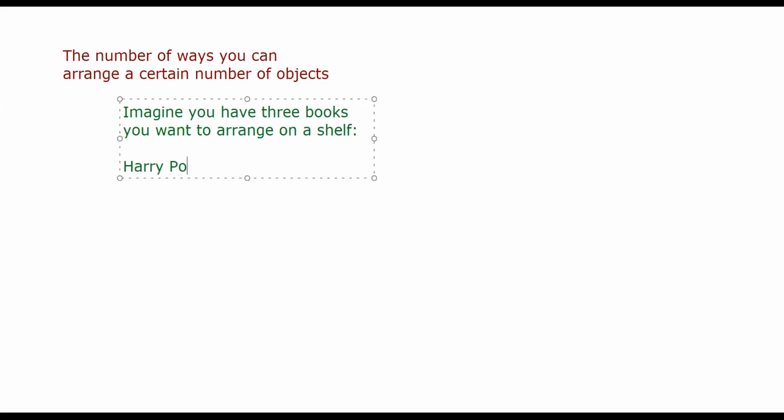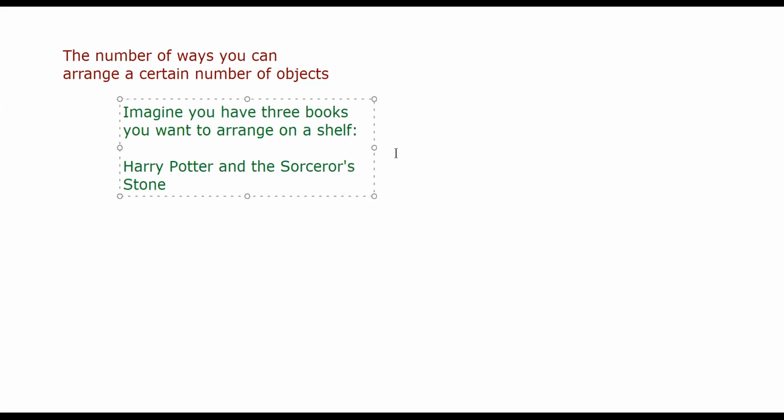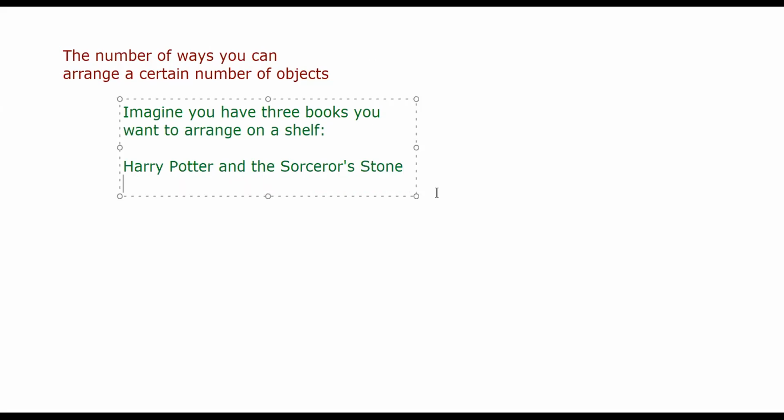You have Harry Potter and the Sorcerer's Stone, which was called the Philosopher's Stone in England, which is actually what it should be called, because a Philosopher's Stone is based on actual old school fantasy alchemy. Anyways, you have Harry Potter and the Sorcerer's Stone.